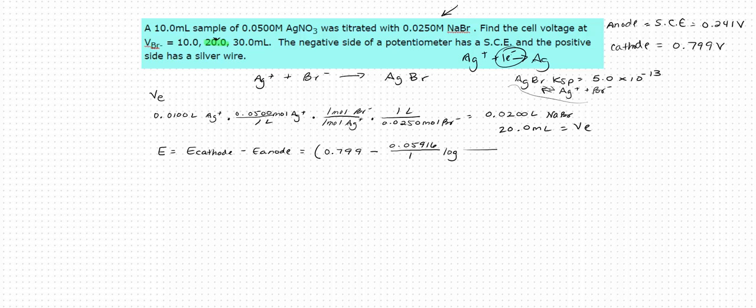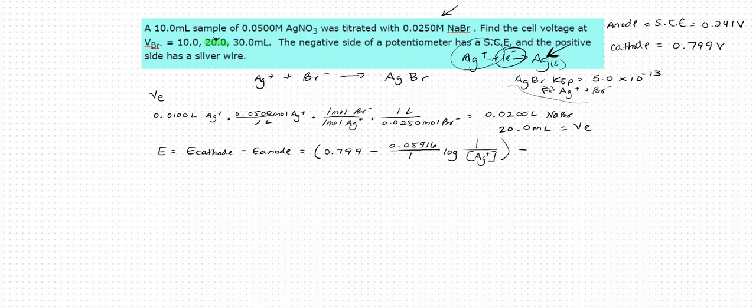Now our Q value, this is of our reduction here, the equation that occurs at the cathode. So this silver is a solid. This is the only part that is in our Q value. So it's the concentration of the silver ion. So that is the E of our cathode.